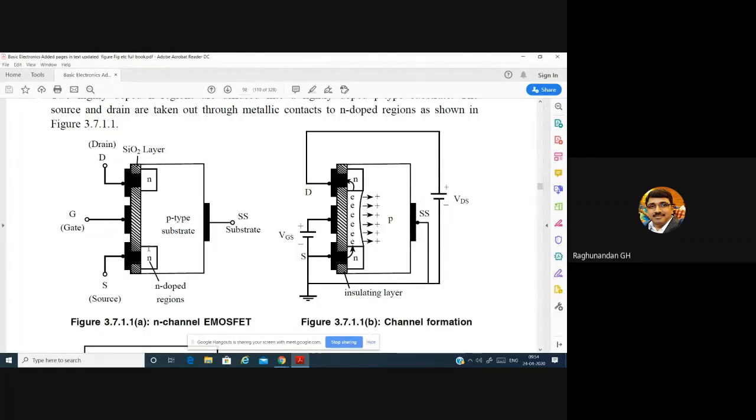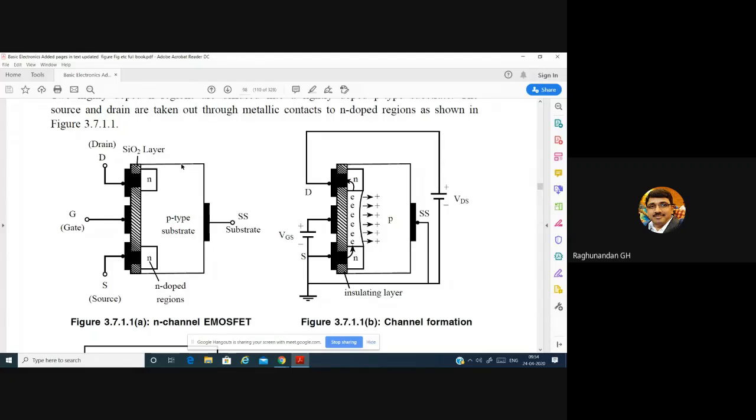How we are going to construct this one, let us take an example. Somehow this is a p-type substrate. Okay, so this is a p-type slab we are having. I'll take this much part here, and what I'll do is I'll diffuse heavy electrons into this part, only some part of this.